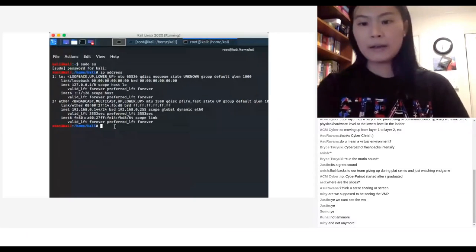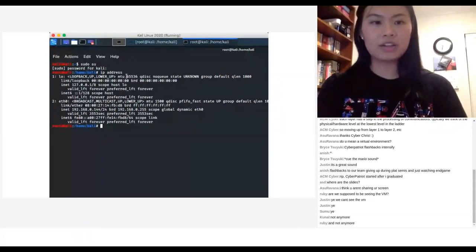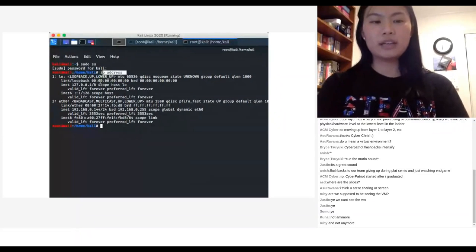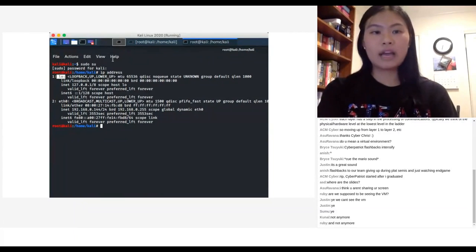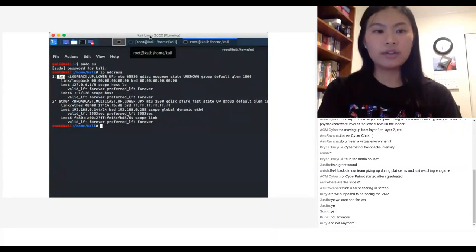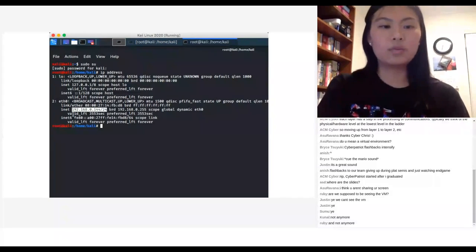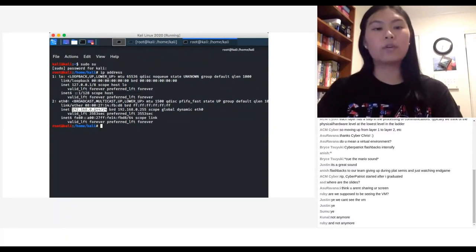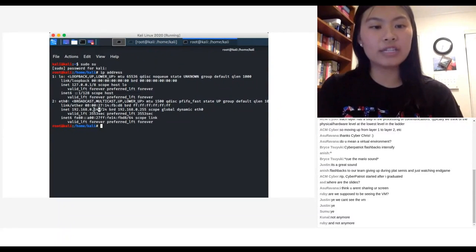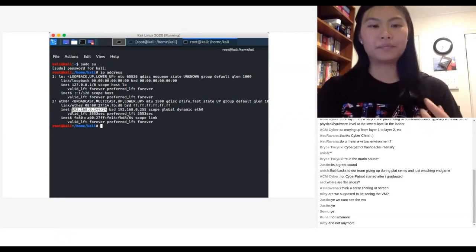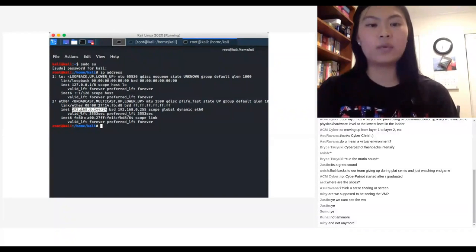I won't zoom in. So over here you see ip address, which is the command that I typed in. Then you see lo, which is your loopback address, the address you want if you want to talk to yourself. And then you see eth0, which is my address on this specific host system. 192.168.0.111/24 is my IPv4 address, with subnet 24 being my IPv4 network.